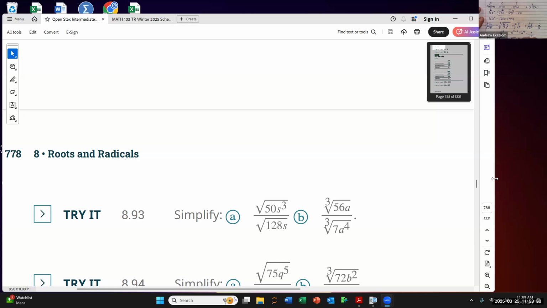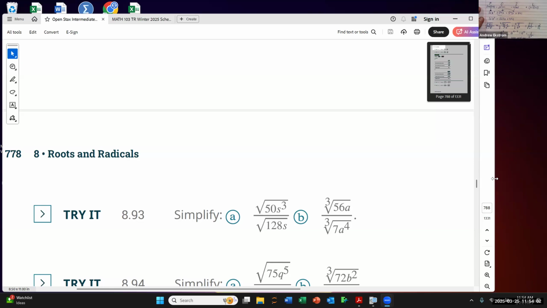Cubed root of 8, cubed root of 7, cubed root of a, divided by cubed root of 7, cubed root of a, and then also cubed root of a cubed. Cubed root of 7 divided by cubed root of 7 cancels out.